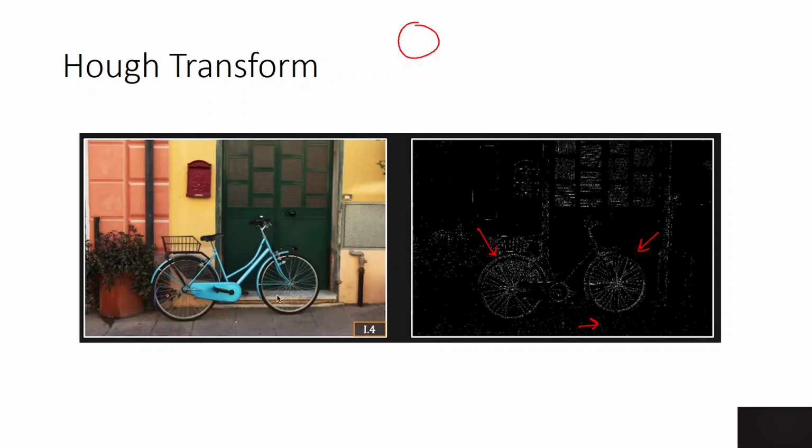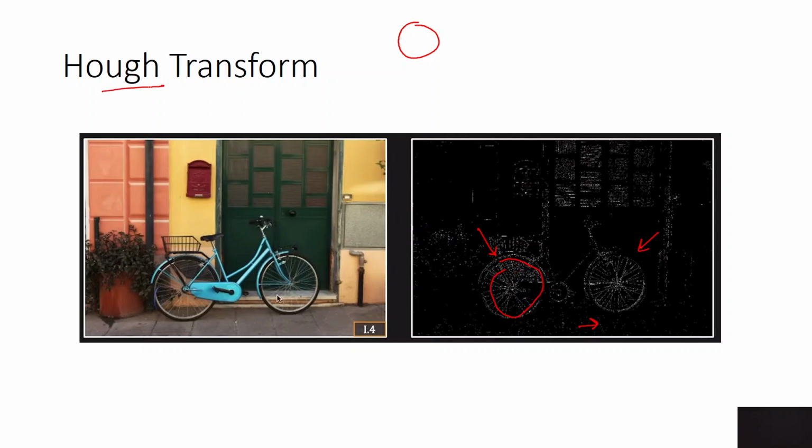For example, if we are looking at this circle, the wheel, in this image there are many small dots, but we can also see that there is a lot of noise as well. So which ones do we have to consider in order to make the perfect circle? In order to represent the perfect wheel, which ones do we have to consider?